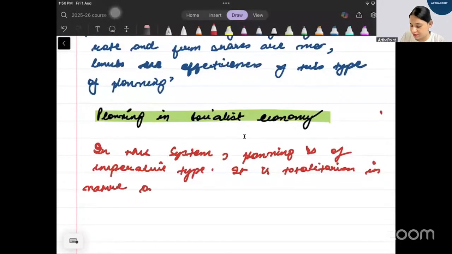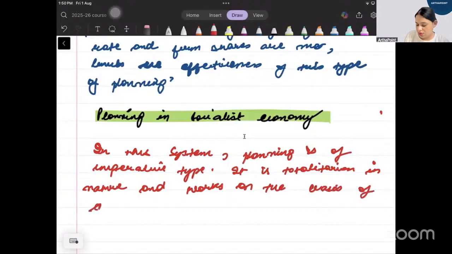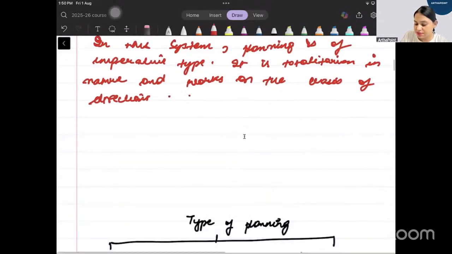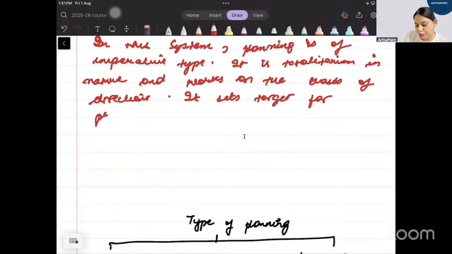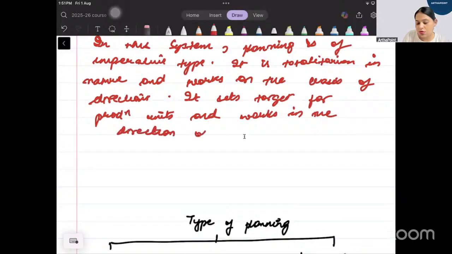And works on the basis of directions, right? It sets targets for production units and works in the direction of fulfilling them. Works in the direction of fulfilling them, right?